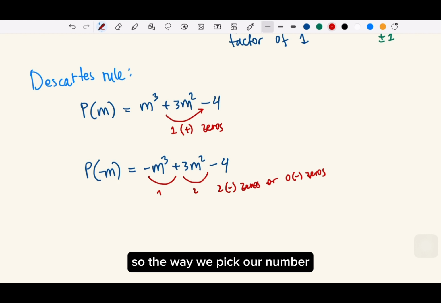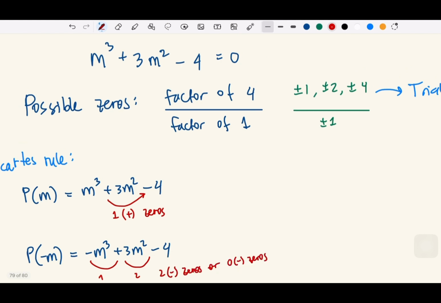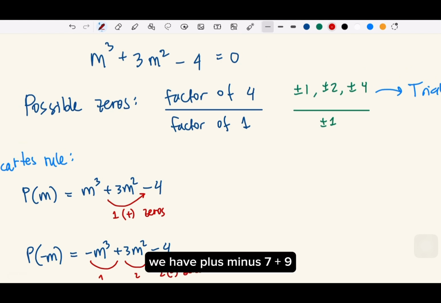So the way we pick our number, we check the positive one first because it should be at least 1, right? At least 1. So if we choose from this, we have plus minus, but which one do we need to prioritize? We can check the positive one first. Okay? So let's try to do that.